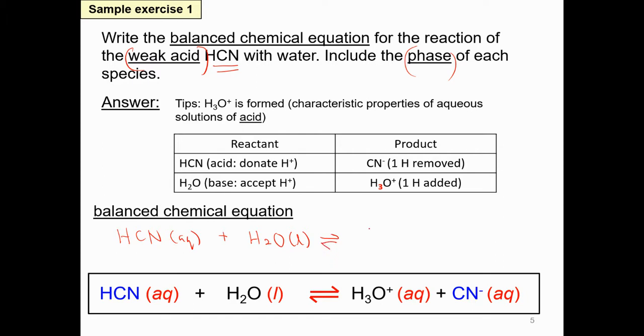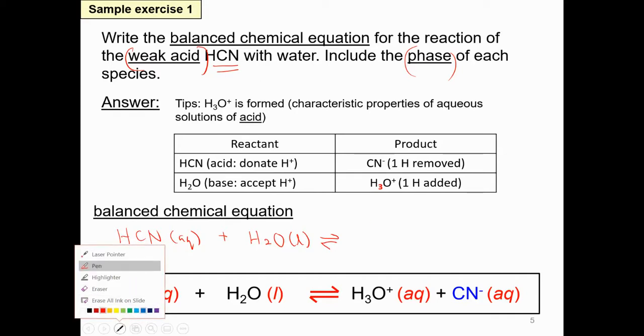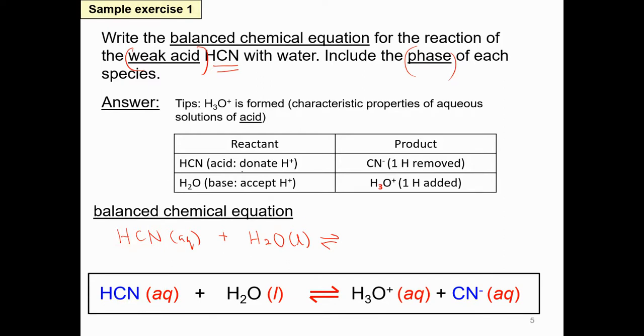So how am I going to write the products? It's very easy. Remember one thing: if it is acid, acid will produce H3O plus, hydronium ion. So I will put down hydronium ion first to show that this is acid.